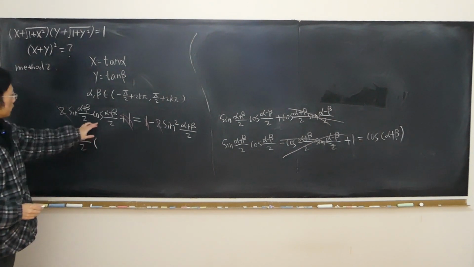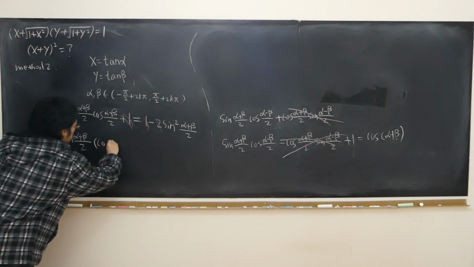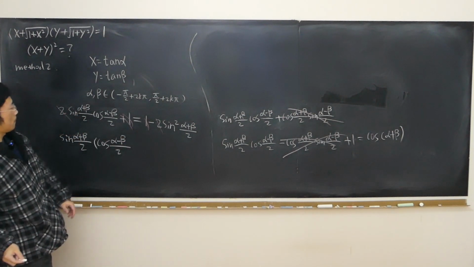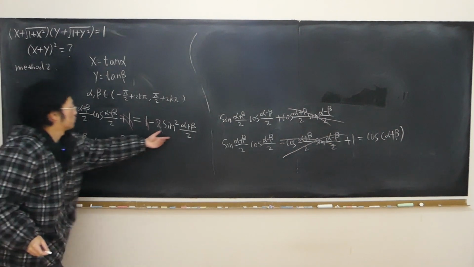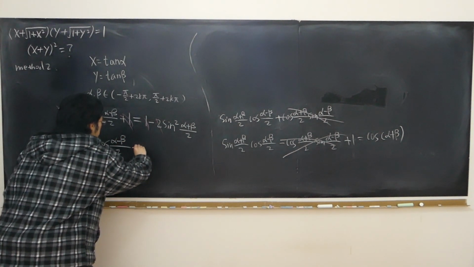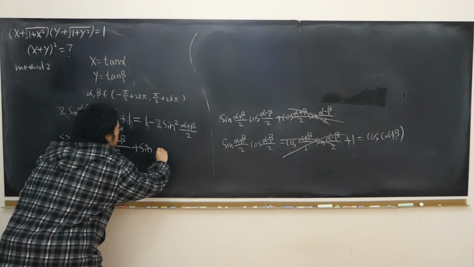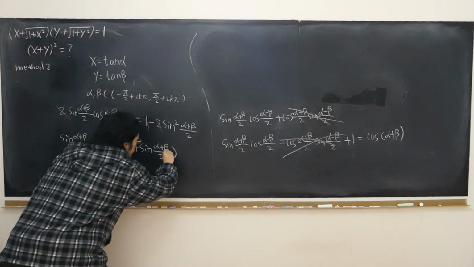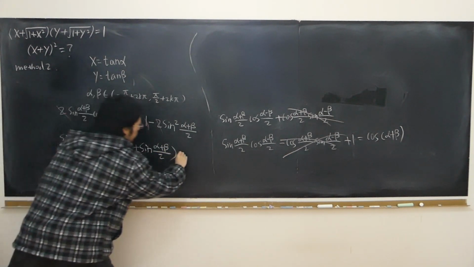Bracket, we have this cos of half of alpha minus beta, plus sine of half of alpha plus beta, quantity equals 0.